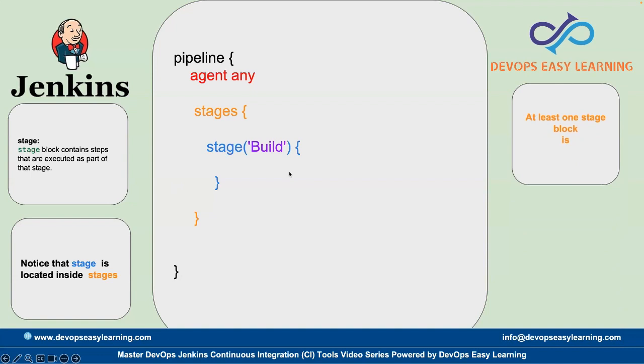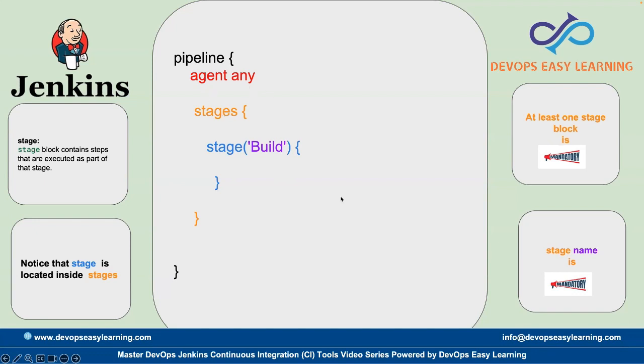Now, a pipeline will need at least one stage under stages. You cannot have zero stage under stages. We said S here. So you need at least one stage under stages, and it is mandatory. The stage name is also mandatory. If I want to recap, you have the pipeline.